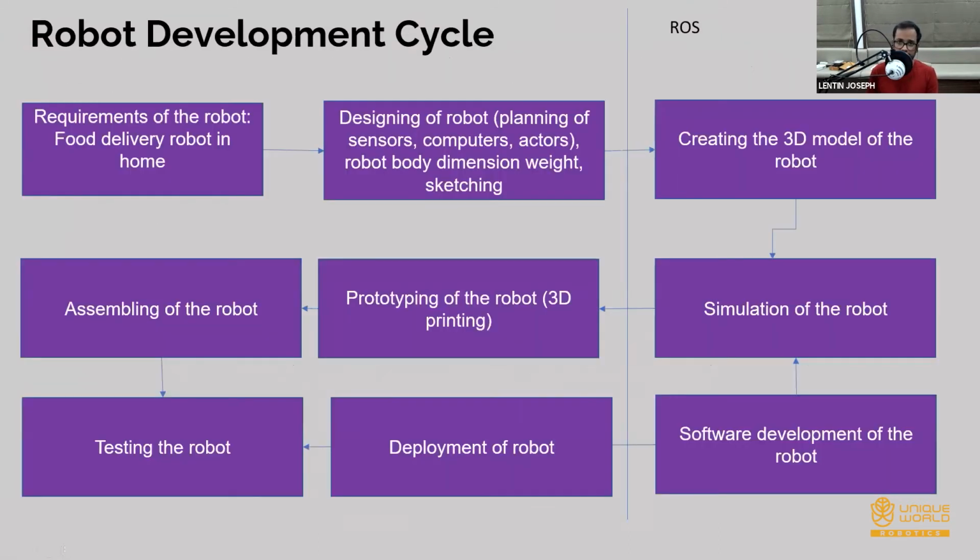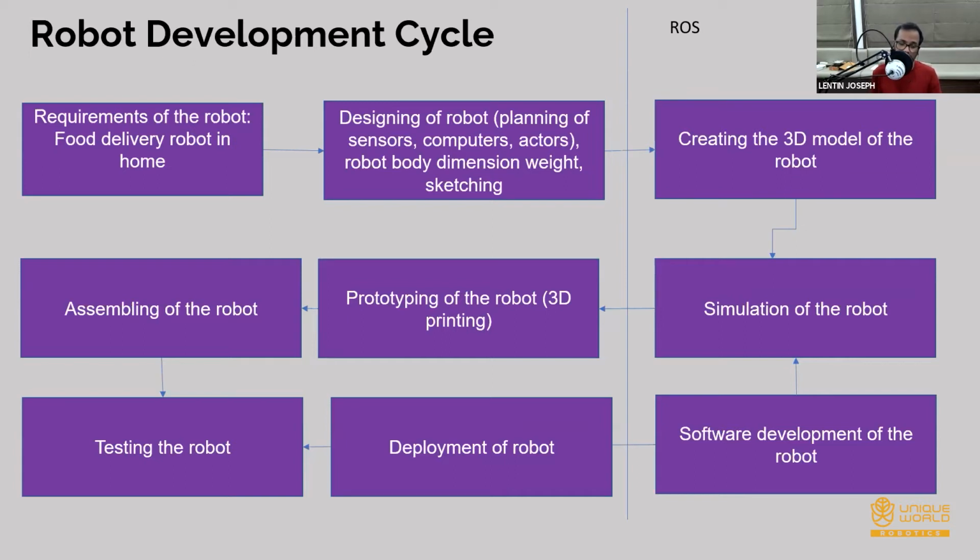So now I am going to a block diagram. It's not complicated at all. I actually created this, called the robot development cycle, from my experience. Robot development cycle simply means the standard procedure you have to follow when you create a robot.